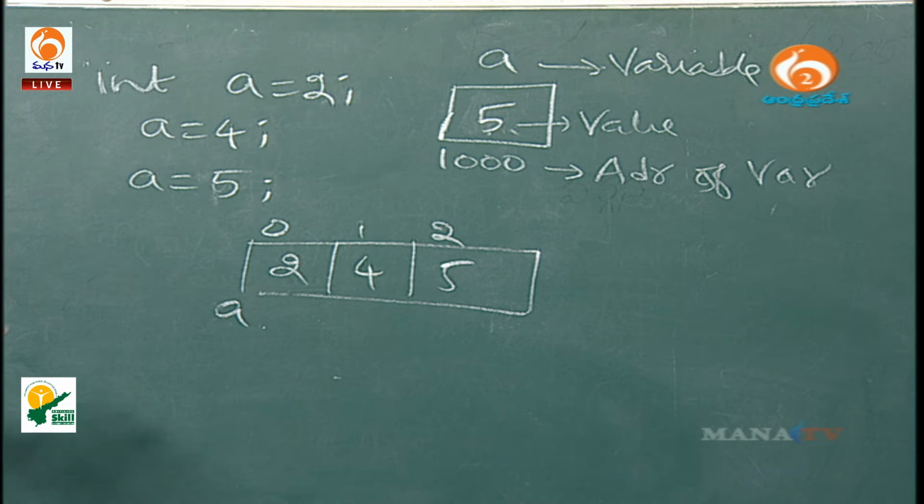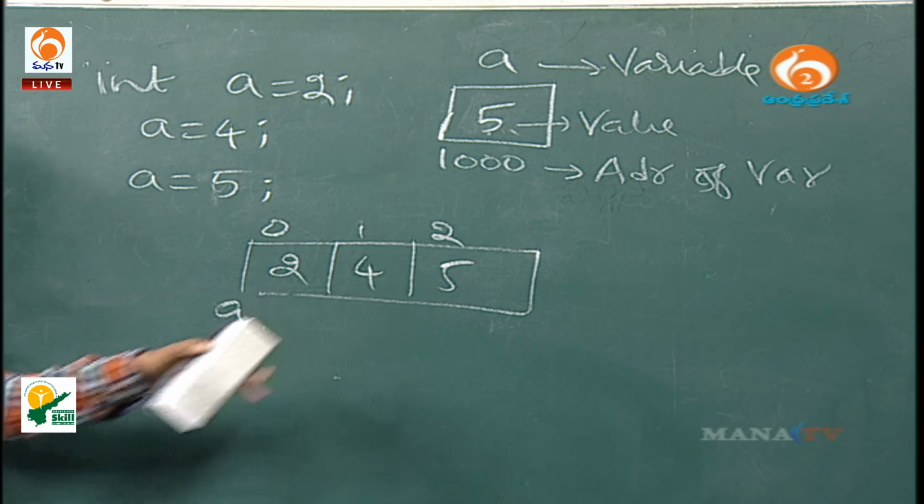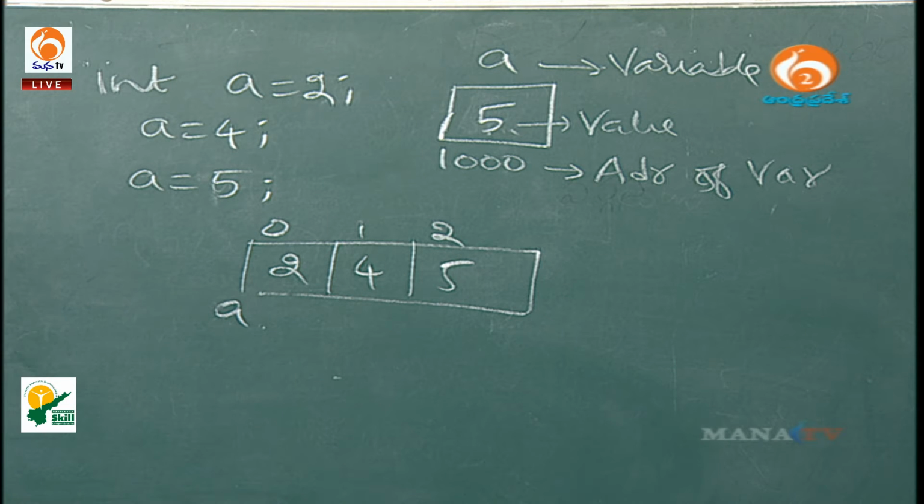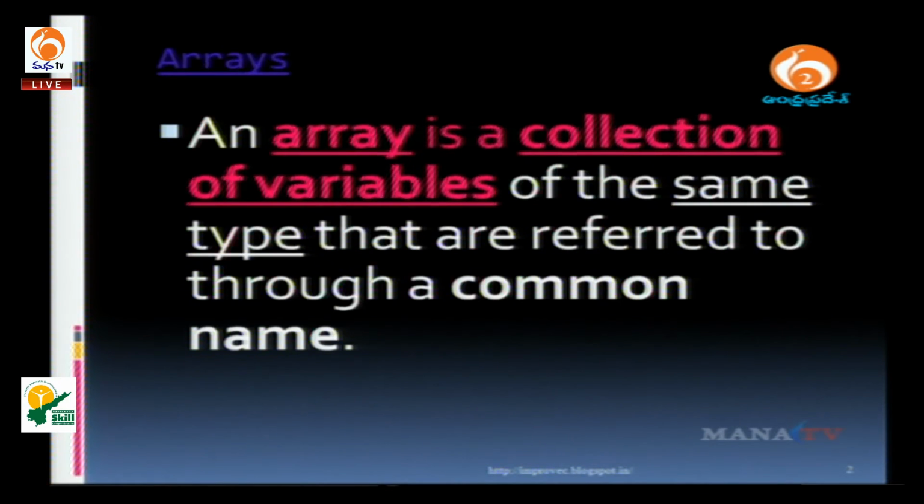So, a collection of elements of the same data type is called an array. Okay, now we will see the slides. An array is a collection of variables or elements of the same data type.